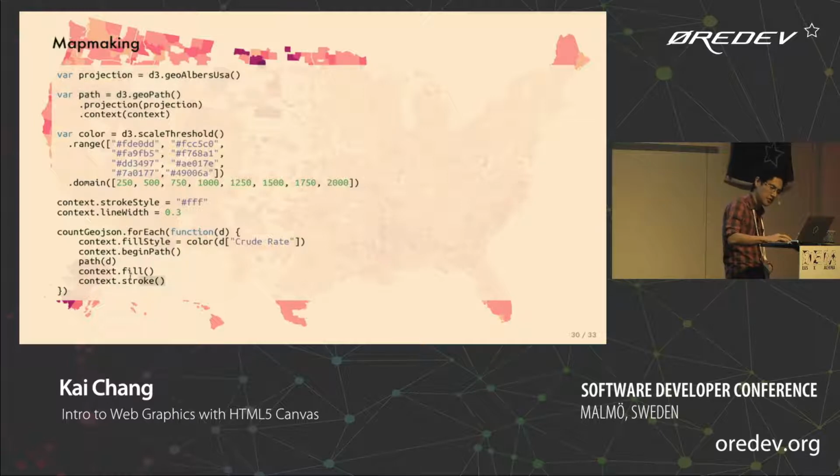And then it's up to you, after it's gone through that path, how exactly you want to fill and stroke it. So in this case, we're applying a fill style, which uses a color scale, a threshold scale, based on the infant mortality rate for each of these counties. And then the stroke is just a white stroke to create some division between the counties.